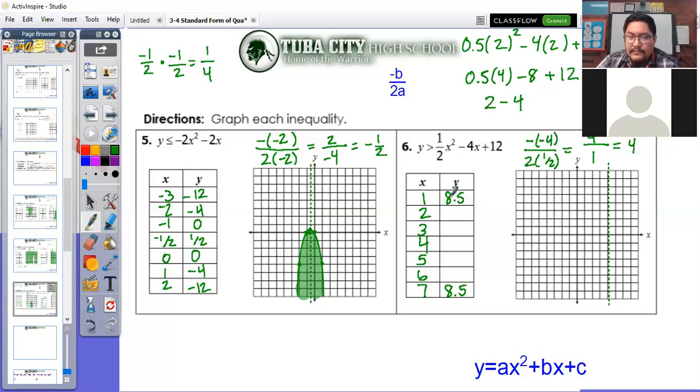Wait, no, plus 12. Oh, that'd be plus 4. Okay, I was like, something doesn't seem right. But 12 is the positive, and it's the bigger one, so I'm going to go ahead and give it that. And I'm going to totally just not follow my own advice, but like I said, I just want to wind this up now. Let's be done with this now.